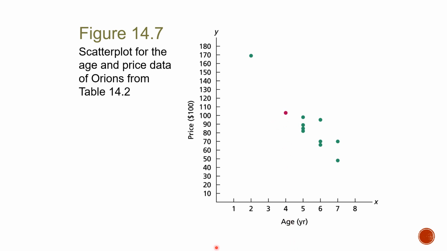So if we draw a line up to the point and then a horizontal line all the way to the y-axis, I think it was 103, so this point is 4 comma 103. That's why it's a value between 100 and 110.